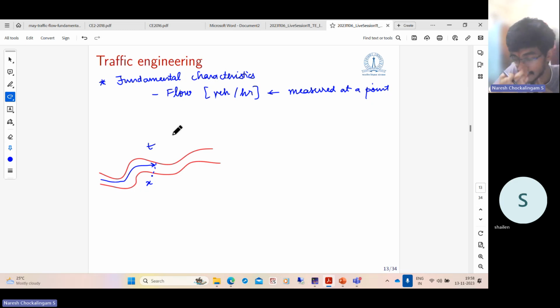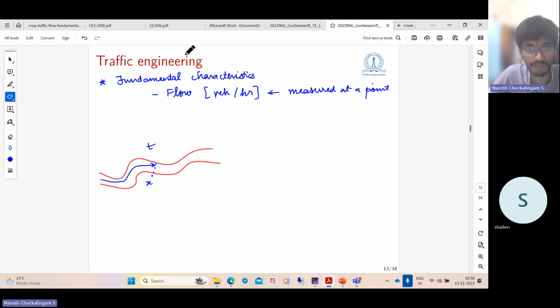Closer to an intersection, you can have more traffic jam, while somewhere in the middle of a highway, at the same time, you can have very free flow of vehicles. Similarly, at different points of the day, you can have different flow at the same spatial point. So the fundamental characteristics are a function of either time or space.